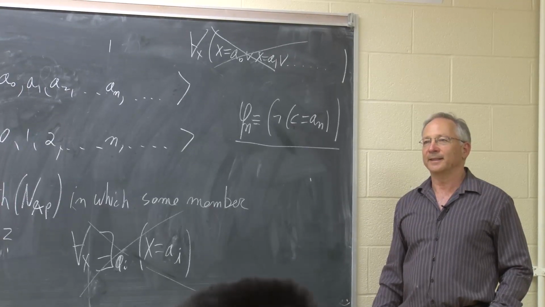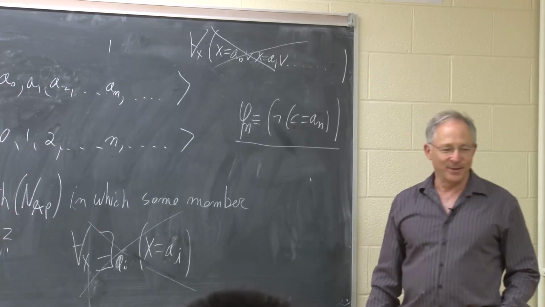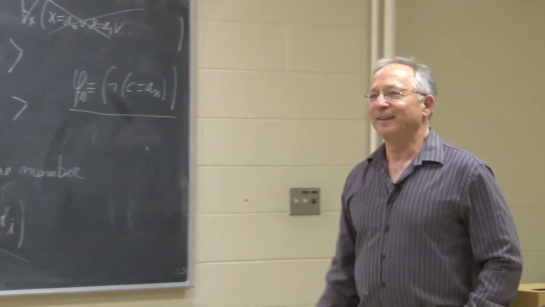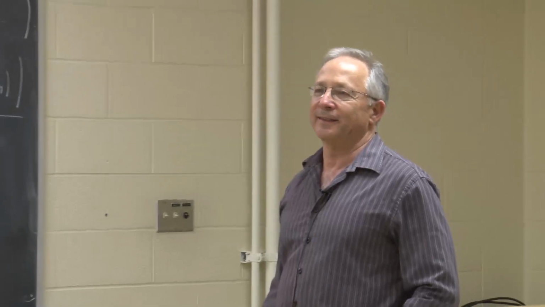Yes? What were you going to propose? I propose that since all the numbers are named by a constant, there will always exist an such that c equals an.